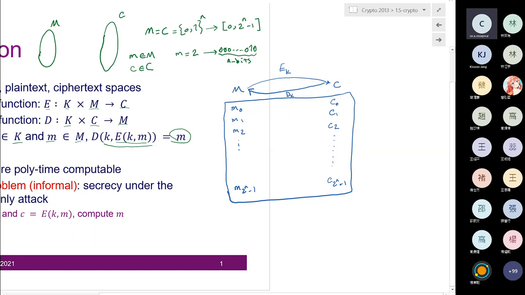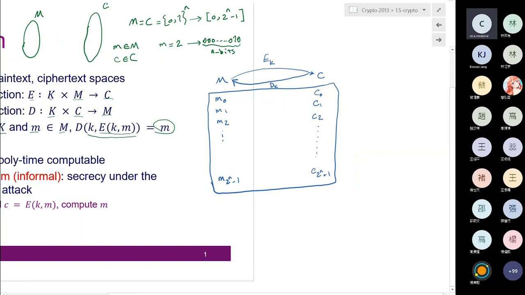One way or another, we are talking about a mapping. For example, once I have set my key, depending on the value of my key, I would map M0 to C1, I would map M2 to C2, and maybe this one to here, and so on and so forth. So there would be different mappings depending on the different key that I choose.